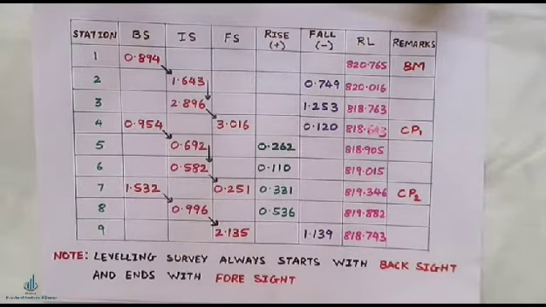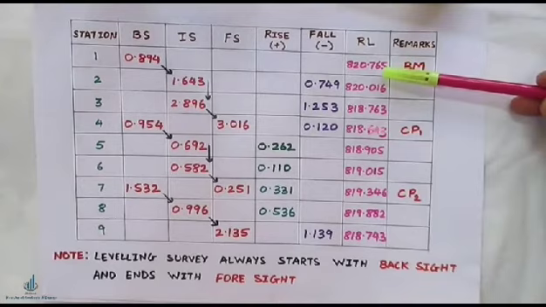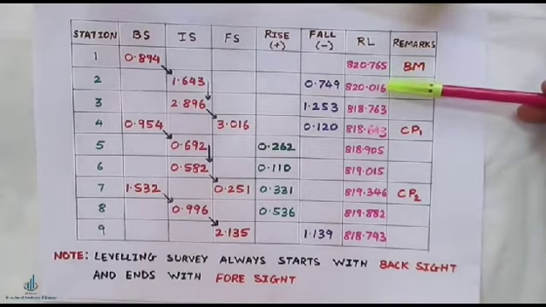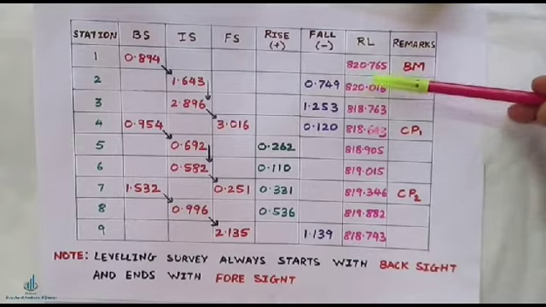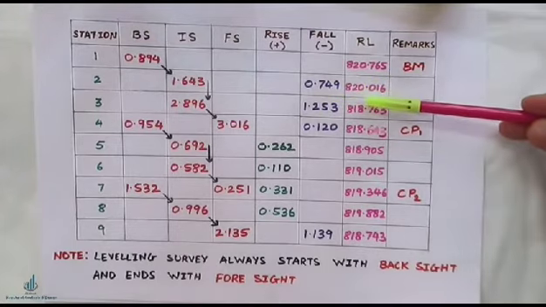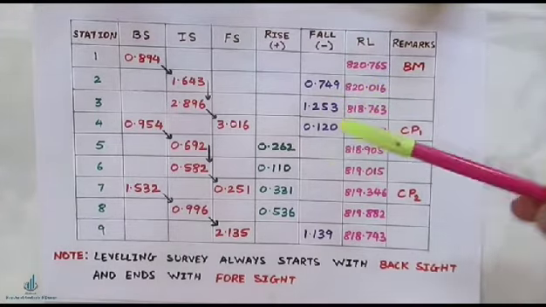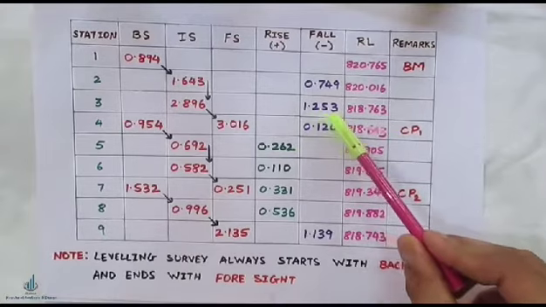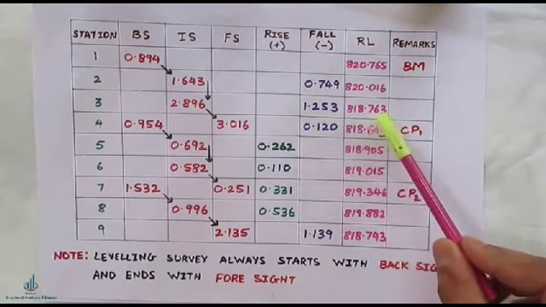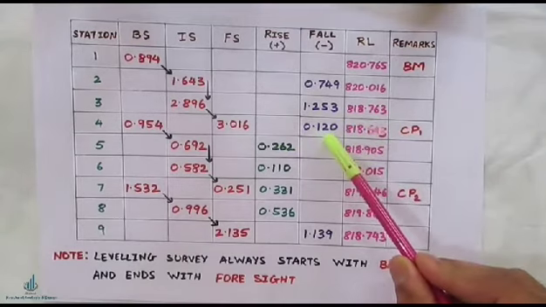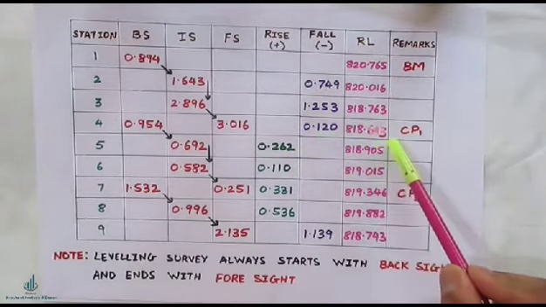Okay, so in this problem the first RL was given, that is 820.765. Fall means obviously you have to subtract: 820.765 minus 0.749 is 820.016, minus 1.253 is 818.763, minus 0.120 is 818.643.